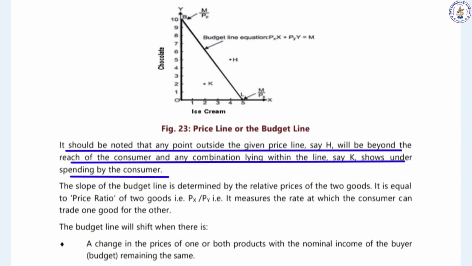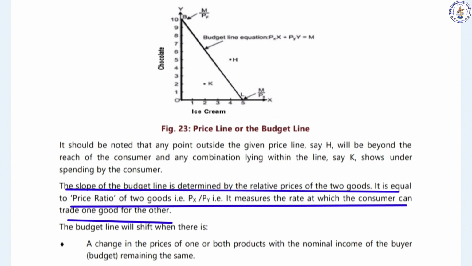Now on the y-axis you have M divided by the price of Y, and on the x-axis you have the money available divided by the price of ice cream, that is product X. So the slope of the budget line is determined by the relative price of these two goods.